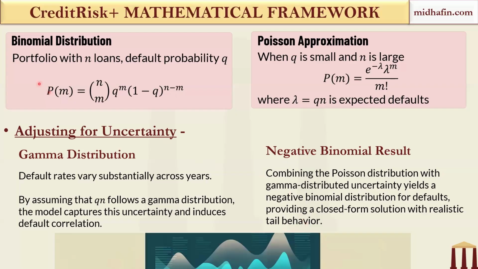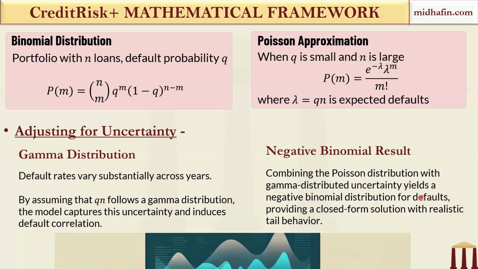So to summarize, CreditRisk+ begins with a binomial model of defaults, simplifies it with a Poisson approximation, adds macroeconomic uncertainty through a gamma distribution, and ends up with a negative binomial distribution which better reflects real world credit loss behavior.